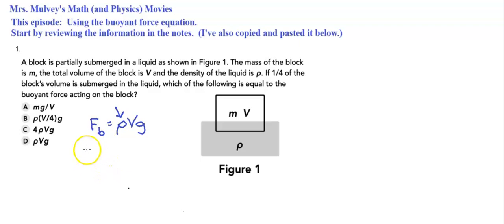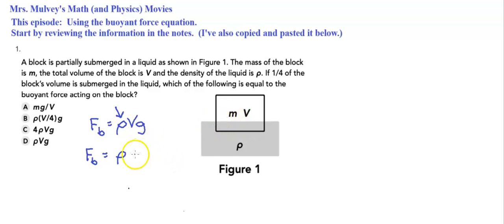And so what I know is this. I know that that buoyant force is equal to rho, and we're told that rho is just rho. But then the volume represents the volume of the object that's actually in the fluid.